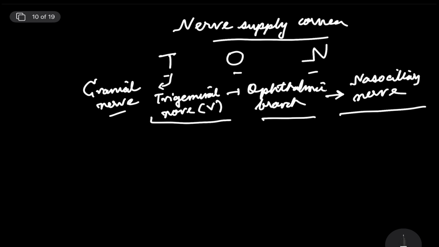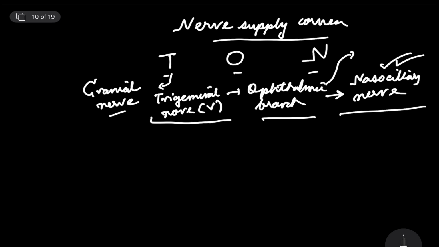Okay, so in short, it is the nasociliary nerve which supplies the cornea, but where is the nasociliary nerve coming from? It is from the ophthalmic branch of the trigeminal nerve. Done? Now, the ophthalmic nerve actually has three branches. This is extra information; we'll see to this later in the general anatomy sections.